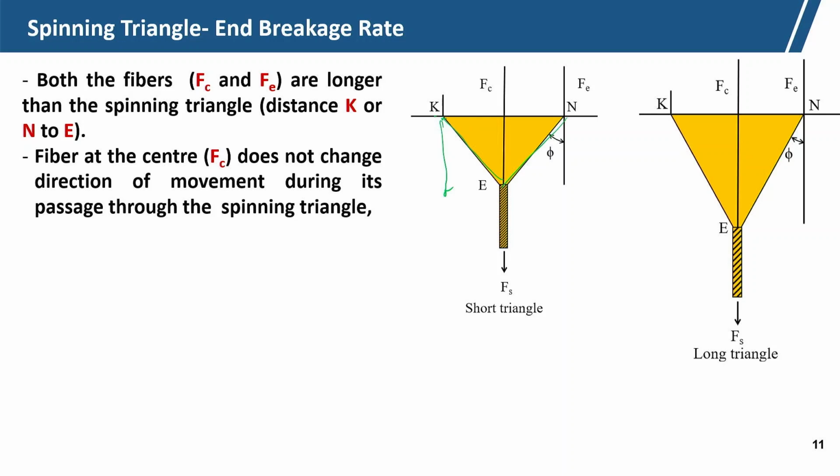Fiber at the center, FC, does not change its direction of movement. So, it goes straight during its passage through the spinning triangle.